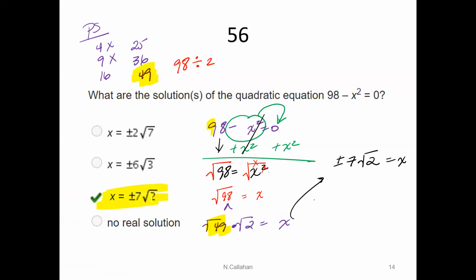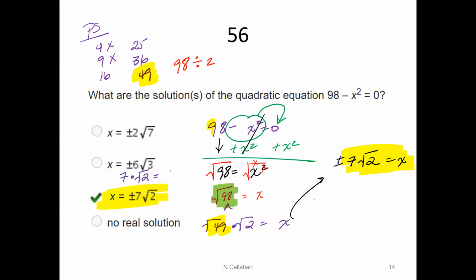Now on the final, if you're like, oh my gosh, Callahan, what if I make it over to here, but then I don't know how to square root it, and then I just don't get the right answer? Another thing you can do to avoid that mistake is just take your calculator. Take your 7 times square root 2. Grab your calculator right now, push 7, push your second button so you get the square root, and then push 2.